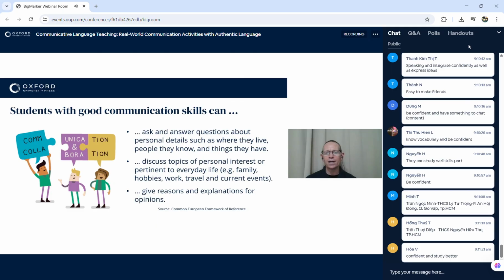So from the lower to intermediate stages, students with good communication skills can ask and answer questions about personal details, such as where they live, people they know, and things that they have. And also discuss topics of personal interests or pertinent to everyday life.